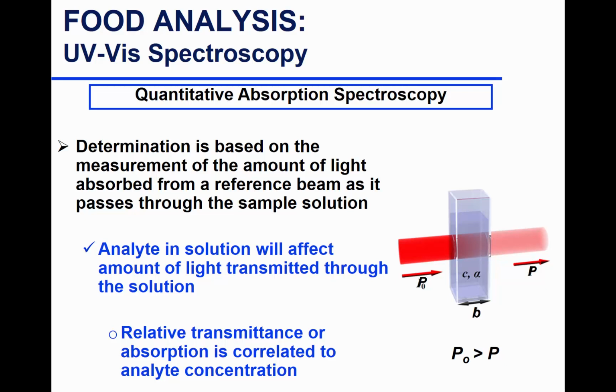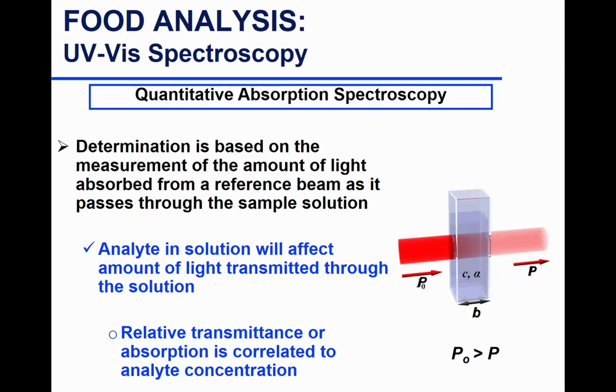So determination is based on the measurement of the amount of light absorbed from a reference beam. Here we have what we call the incident beam. The incident beam is directed towards your sample, and the sample is present in a compartment. You will be using these compartments in the lab, and we call them cuvettes.